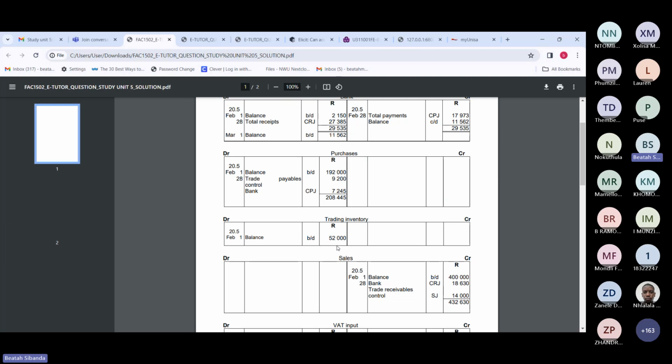Let's say, for instance, our business was making biscuits, then we would buy flour and all the other ingredients that we need. Then we make the biscuits and then we sell that. So depending on the nature of the business, we will have inventory.